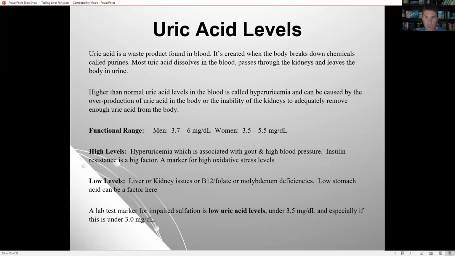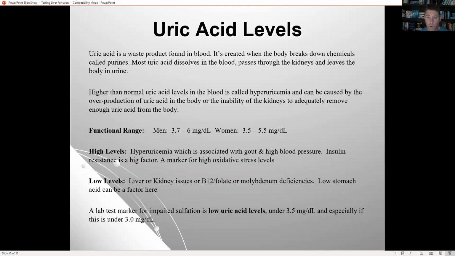And it's often associated with gout and high blood pressure, right? So people who have high uric acid tend to have high blood pressure, high oxidative stress and inflammation. They tend to have gout, and they tend to have high levels of fasting insulin or insulin resistance where their cells are not responding to it.